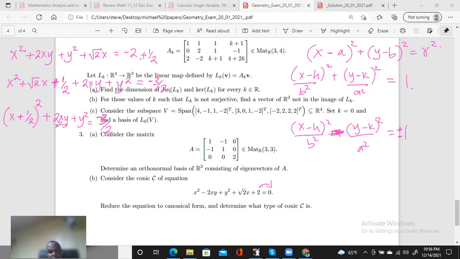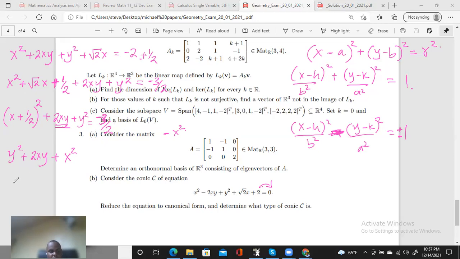The fact that we have an xy in there is going to make matters very complicated, but let's keep trying. So you have y squared plus 2xy. If you divide that by 2, you get x, you square it. Once you square it, remember to subtract x squared from one side.